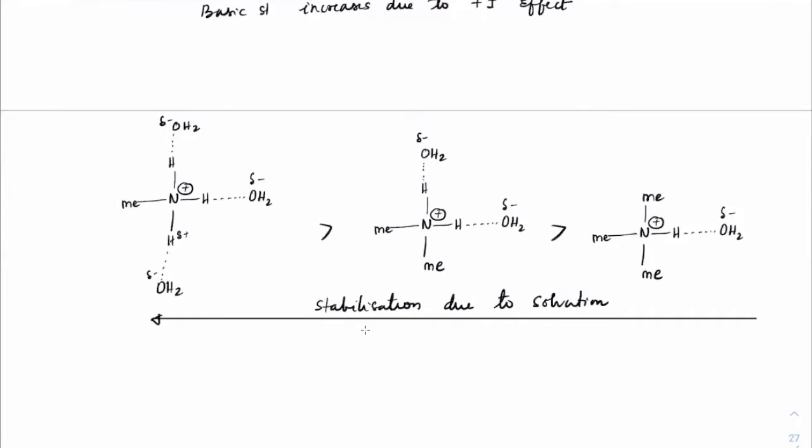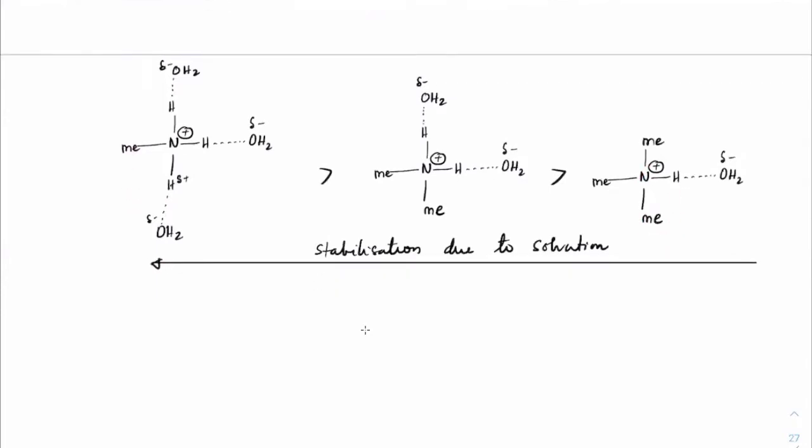So if the stability is more, pK value is more. If stability is less, pK value is less. So if you consider the pKa values here now, pK values will be on this side. Got it?